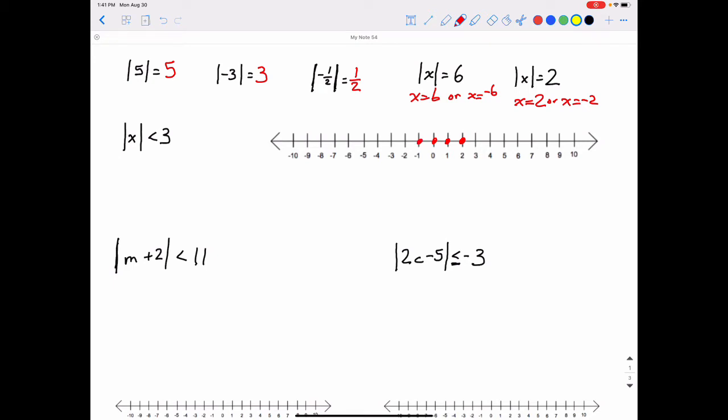The absolute value of -2 is +2. But let's say we keep going to the left, and we got to -4. What is the absolute value of -4? The absolute value of -4 equals 4, and that is not less than 3. So actually -4 is not a solution to having an answer that is less than 3.